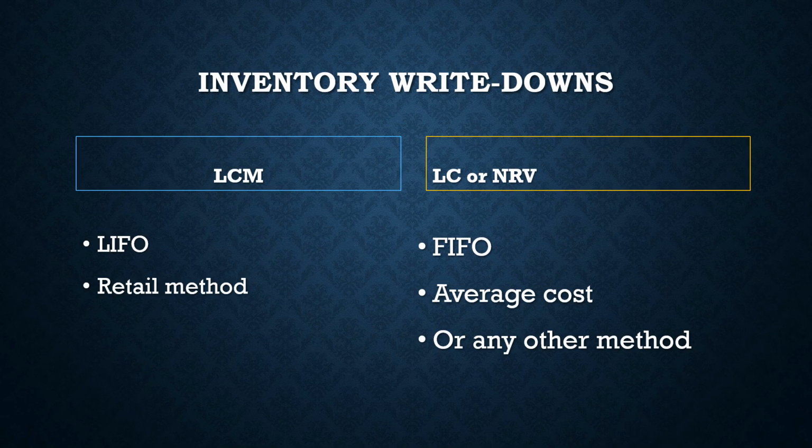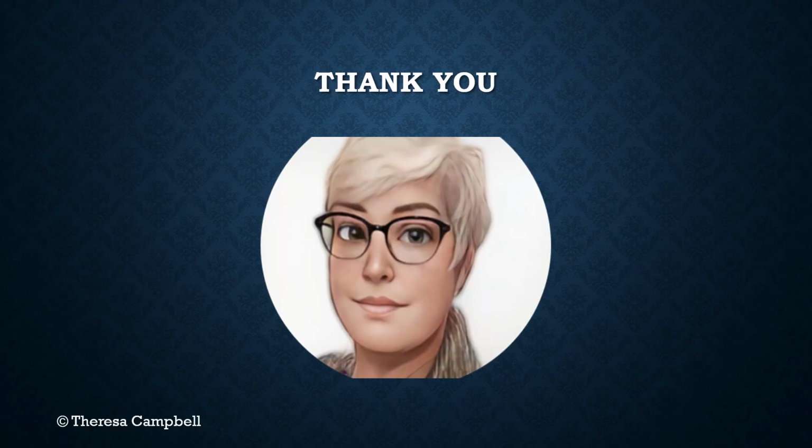The problem will give you all of the information, the lower of cost, the market value, the net realizable value, and so you have to focus on, is it a LIFO retail method or is it a FIFO, average cost, or any other method of calculating the carrying amount of the inventory. That will determine which one of these applications you use for the inventory write-down at the end of the period. And it only writes down, it doesn't write up.